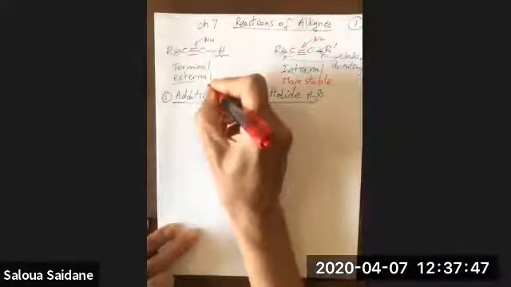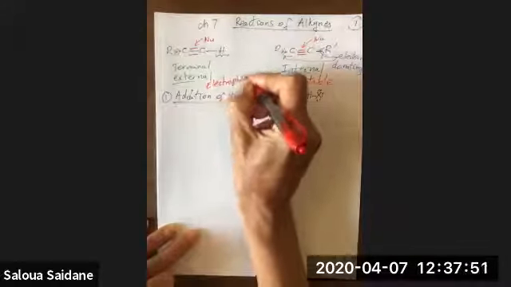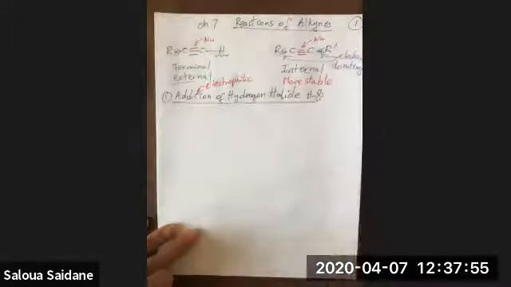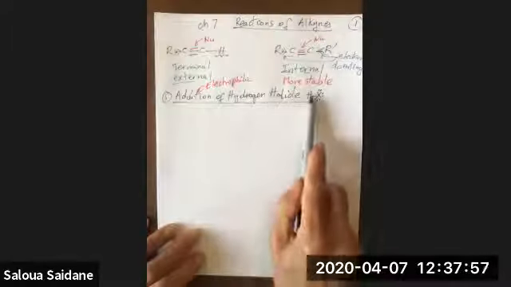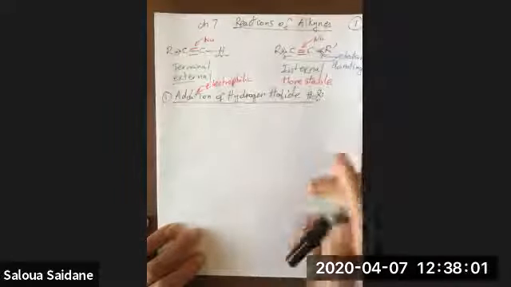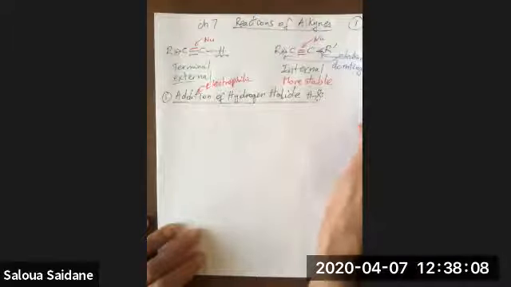You need to bring something positive to the pi bond. So we're going to call them electrophilic additions. So we need something positive. In this case, we are using a Bronsted acid. So HX is a Bronsted acid, which means that the H will be added as an H+.